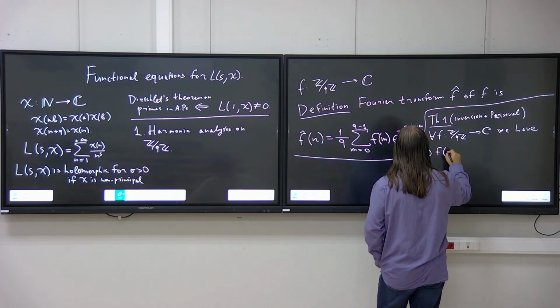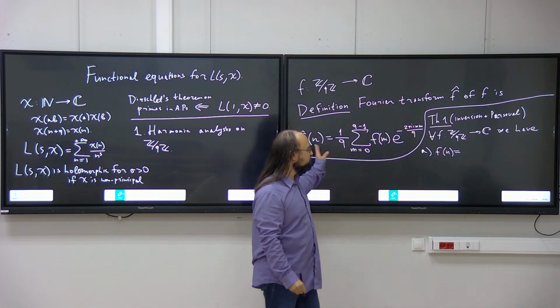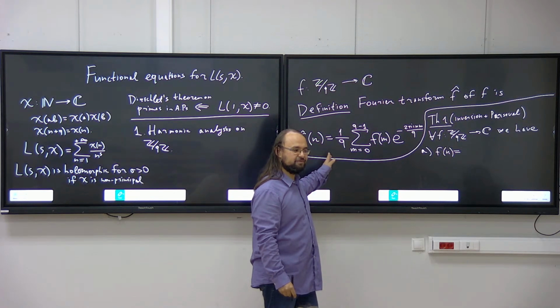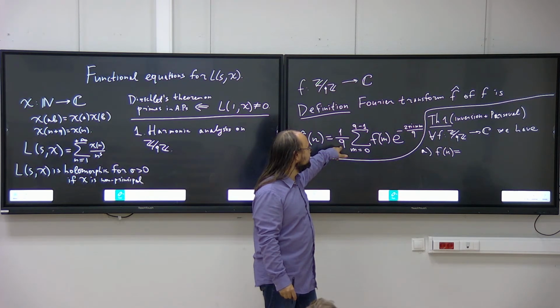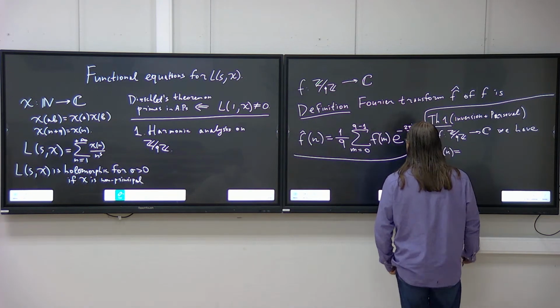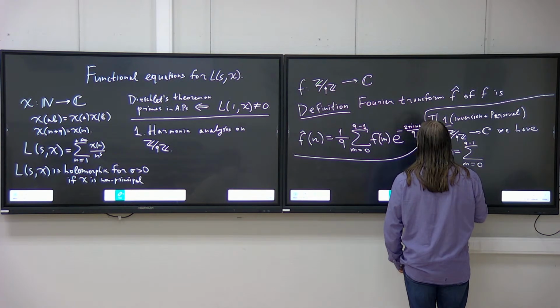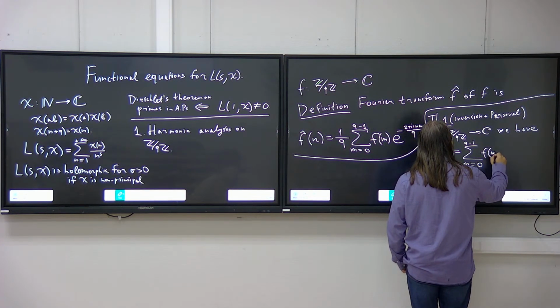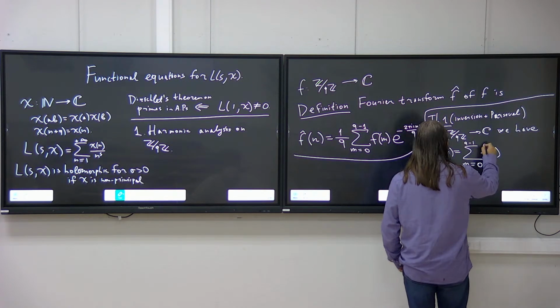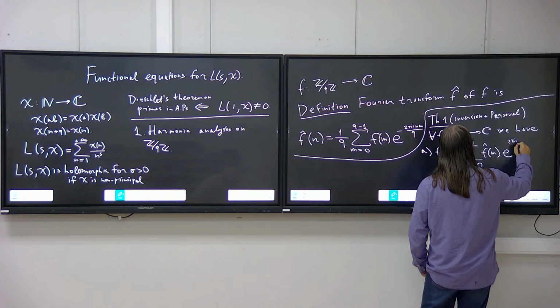f of n is almost equal to the Fourier transform of the Fourier transform, up to one factor and one change of sign. f of n is equal to the sum over all m from 0 to q minus 1 of f hat of m multiplied by e to the 2 pi i n m over q.